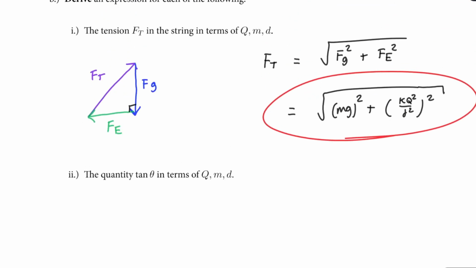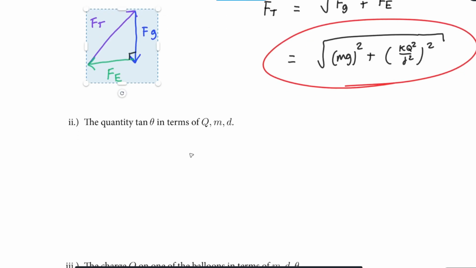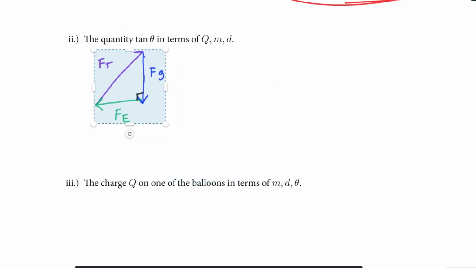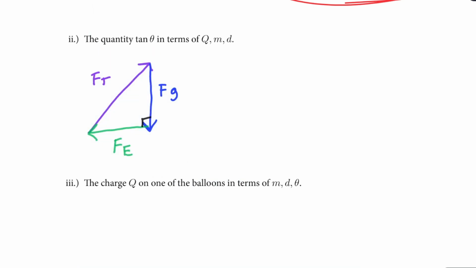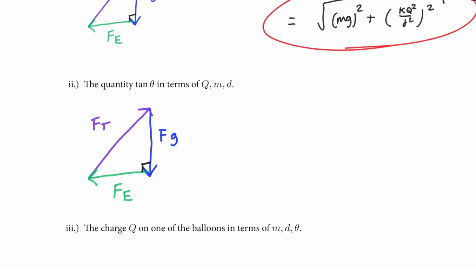Then let's derive an expression for tan theta in terms of the given quantities. And we're going to copy this triangle down here because we'll see this is actually very helpful for us. I drew this triangle because we define the angle theta as the angle between tension and the vertical. So that's why I drew my triangle like this, because I can put my theta right back in here.